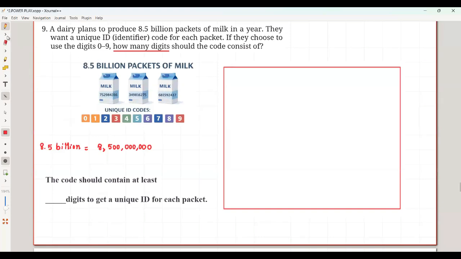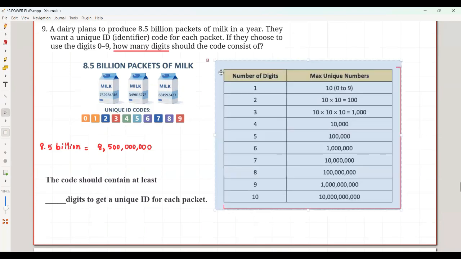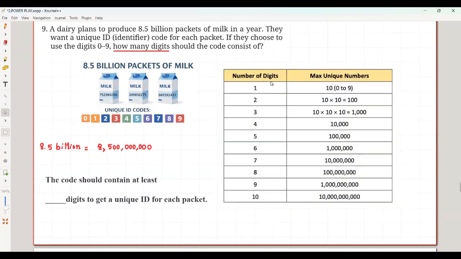For that, we are going to go with a small calculation. Here I have taken a tabular column. If you are using only one digit, for one packet I give the number 0, for the second packet a single digit 1, next packet 2, 3, up to 9.